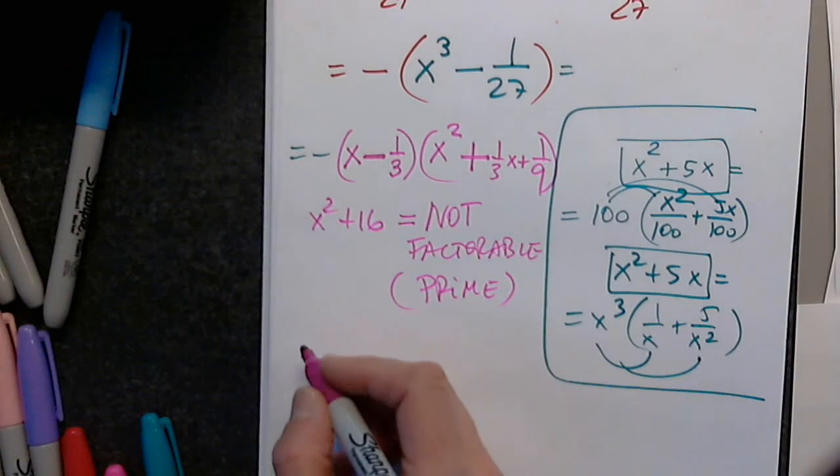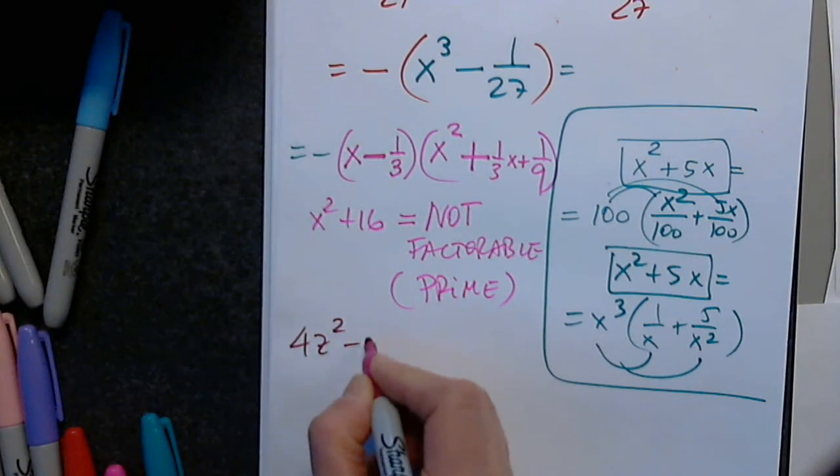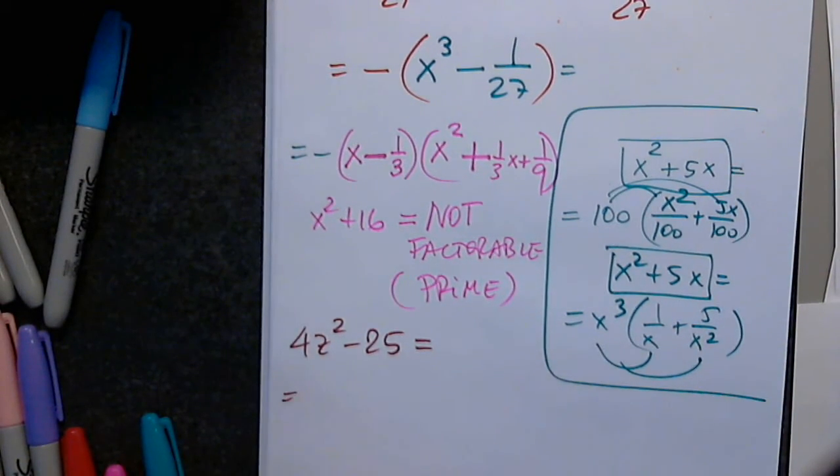Okay, one more and we move on to trinomials. 4z squared minus 25. What type of polynomial is this? 4z squared, that's one term. And minus 25 is the second term.